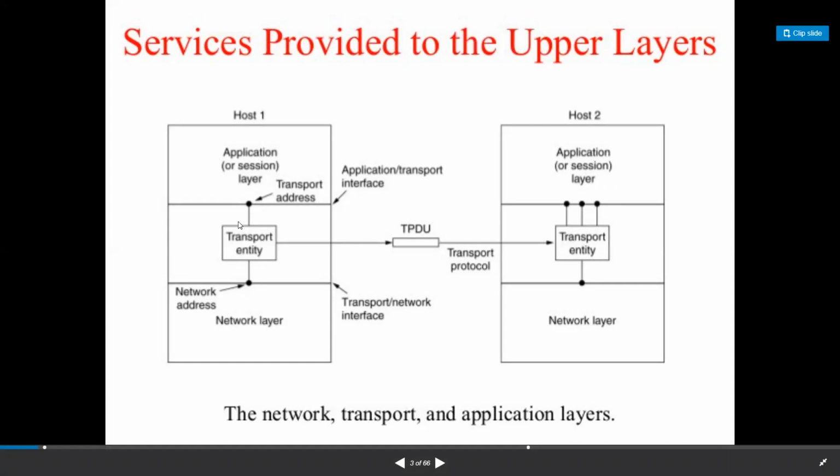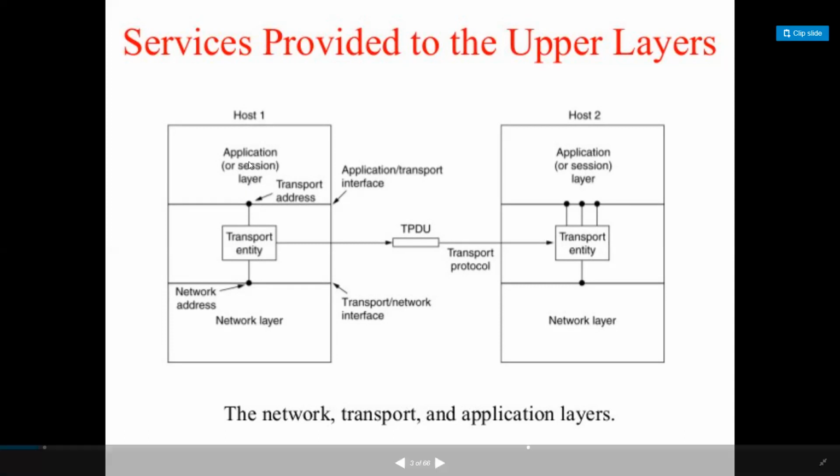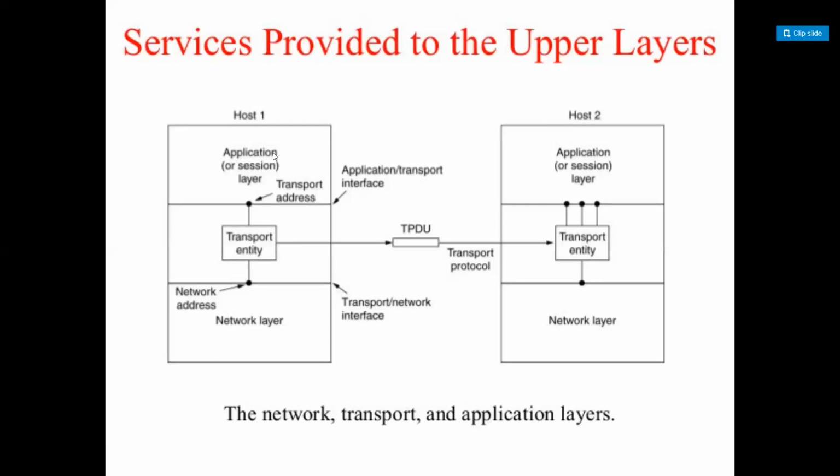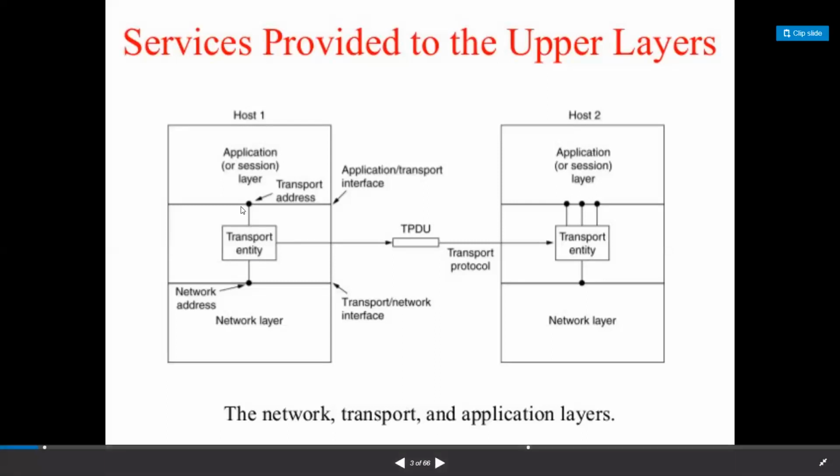The layer above the transport layer is the application layer, or in some models we may have session layers and presentation layers. In some reference models, the application layer will perform the activities of the presentation layer and session layer as well. So the layer above the transport layer is the application layer mentioned here.